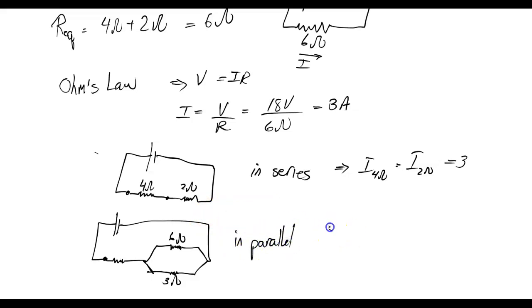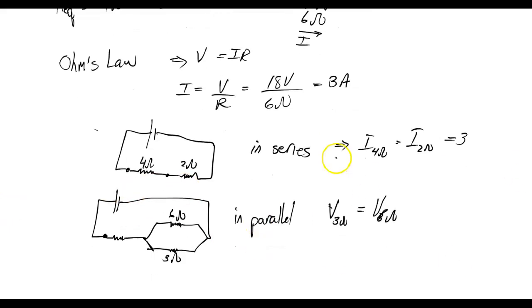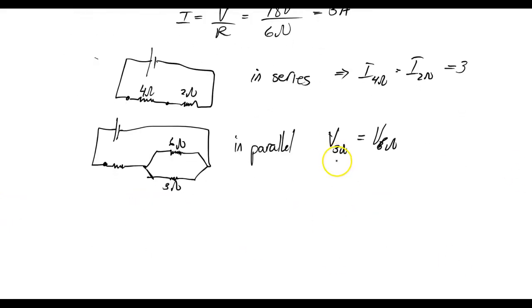The voltage across the 3 ohm has to equal the voltage across the 6 ohm resistor. So in series, the currents are the same. In parallel, the voltages are the same for the resistors that are involved.